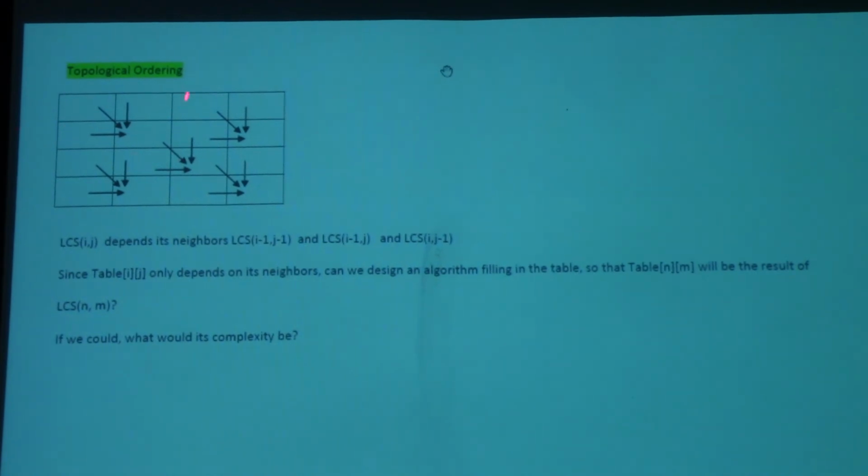The matching on the second character in both has 1 plus whatever was on the first character in both. If you mismatch on the second characters, that's a 0 plus whatever you had here or here, the greater of the two.